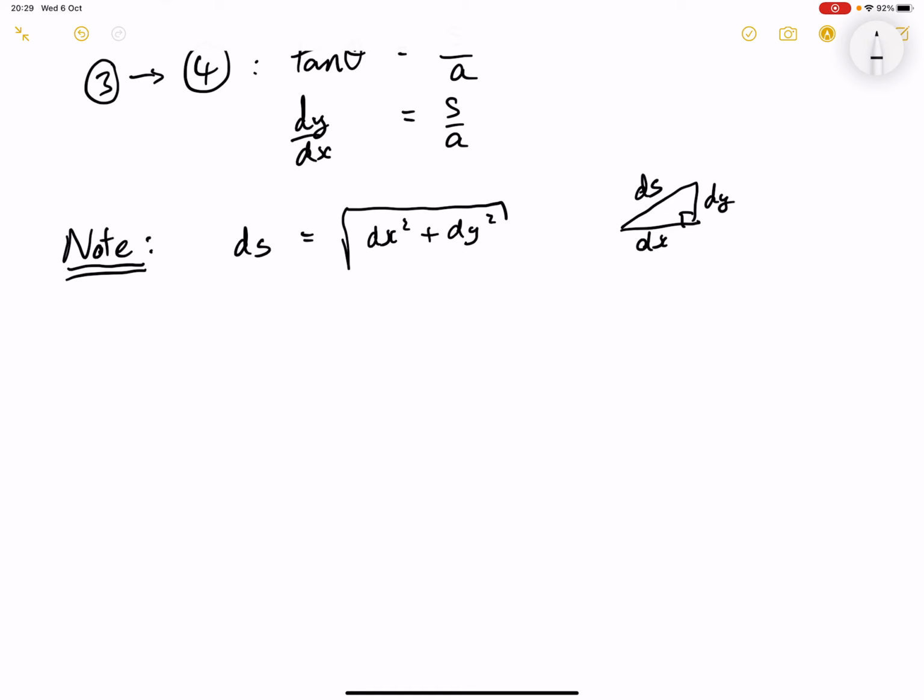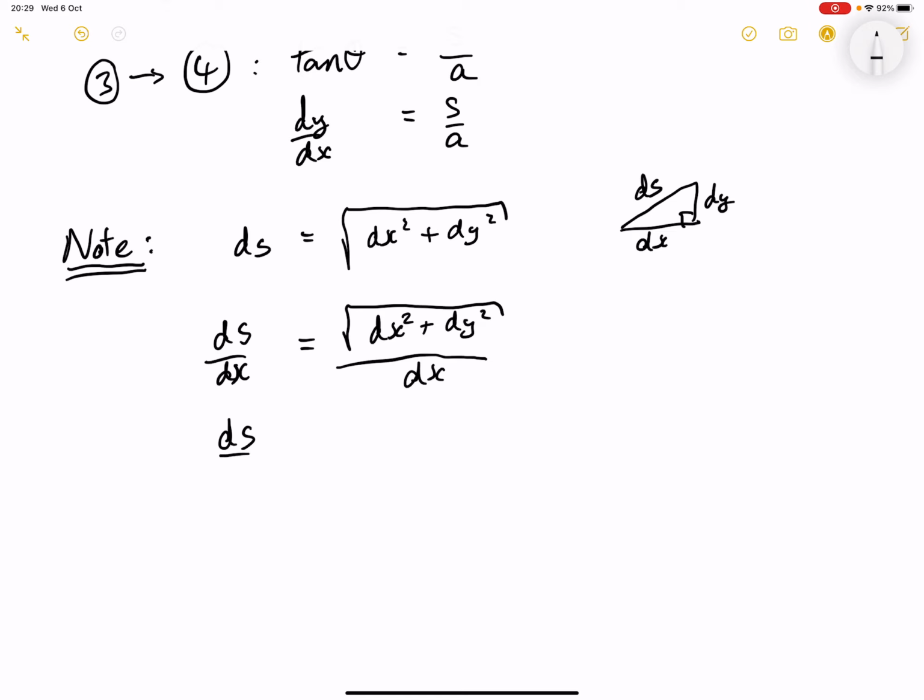So we're now going to divide both sides by dx. So ds by dx is the square root of dx squared, that's the 2, plus dy squared over dx. If I take the dx into the square root, I'm going to need to square it.